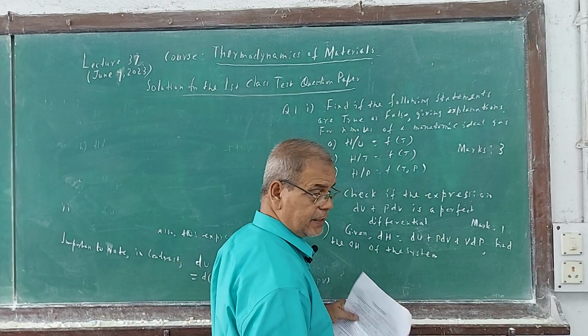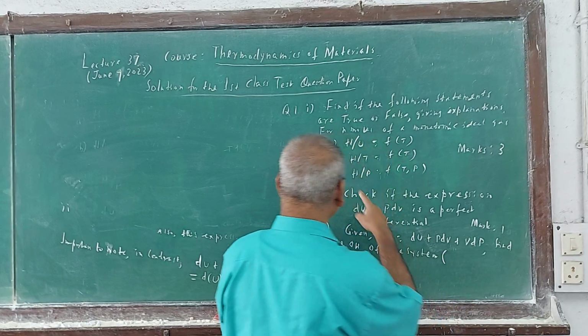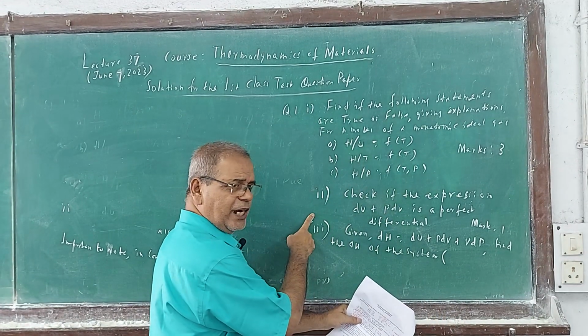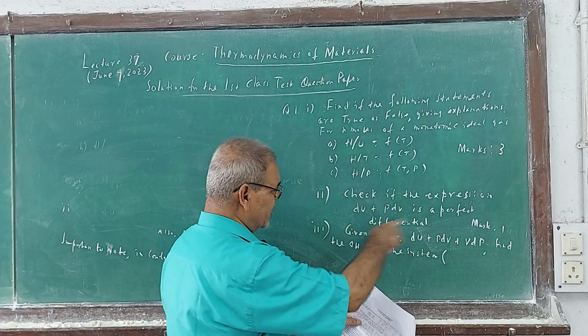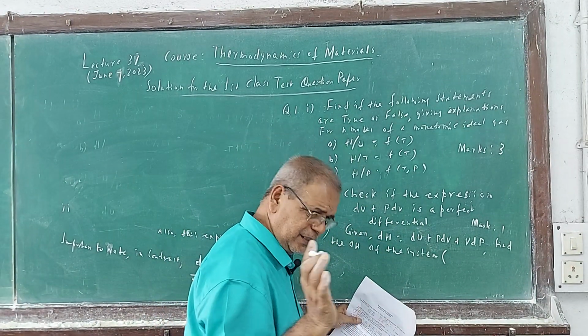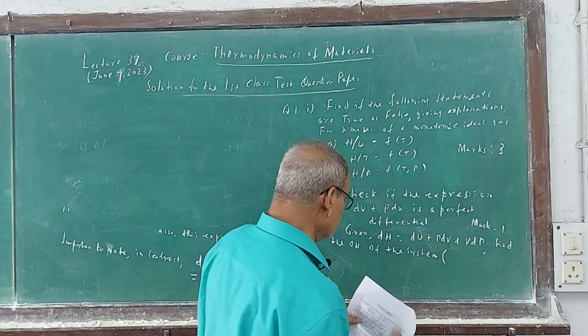The system is not an ideal gas, because we are so used to ideal gas. This question is not for ideal gas. Nothing is mentioned about ideal gas; it's a real gas also.